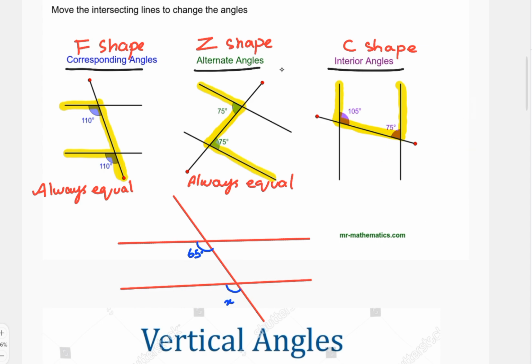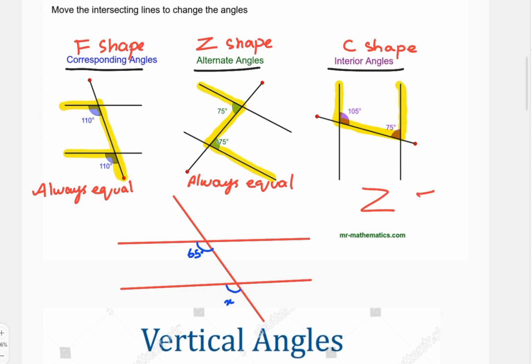And the same goes with the Z shape. If the Z shape is like this here, it could be like this, the flipped over shape. It could even be this way. You could flip it around any way, like this.